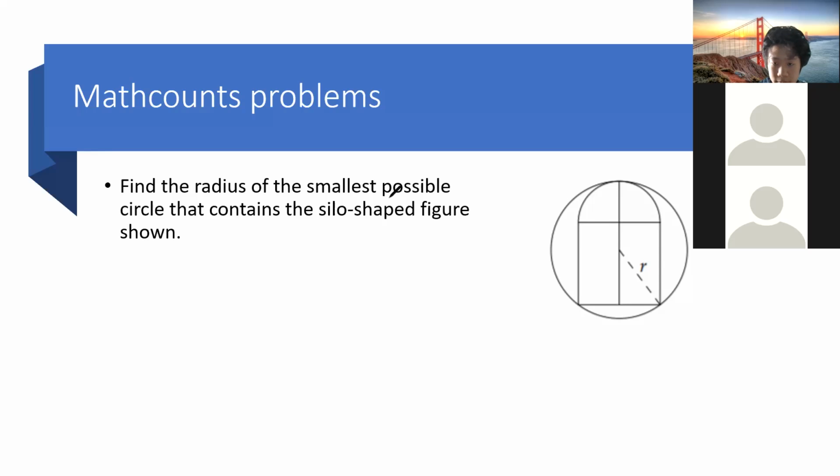For this one, you can assume this is a rectangle, this is a rectangle, this is a half circle. They're not written in the problem, but you can assume those things.